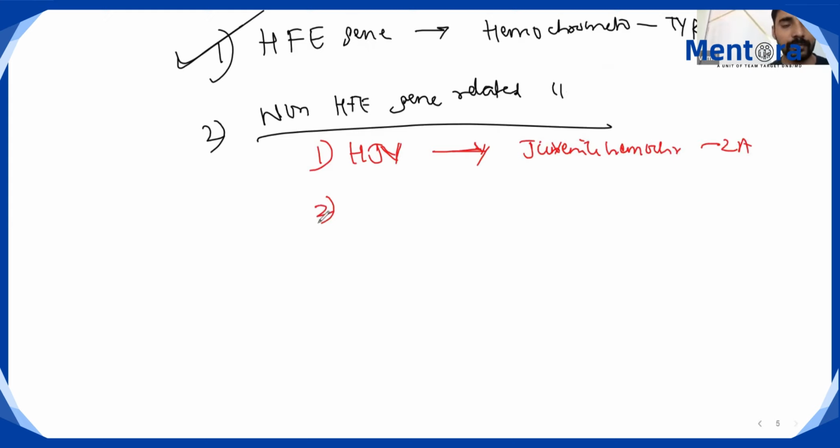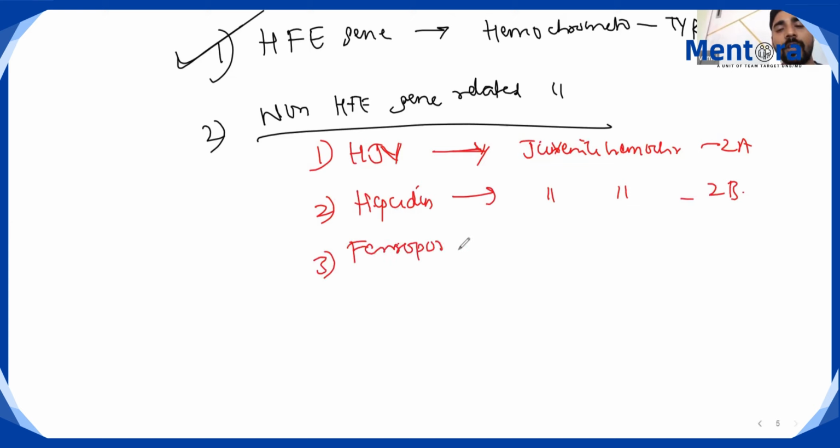Okay, clear? And if there is any defect in hepcidin, that is juvenile hemochromatosis type 2B. Or if there is a mutation in ferroportin. What is ferroportin? It is present on the basolateral membrane of the enterocyte, which helps in absorption of iron from the enterocyte into circulation. A mutation in ferroportin is called type 3 hemochromatosis.